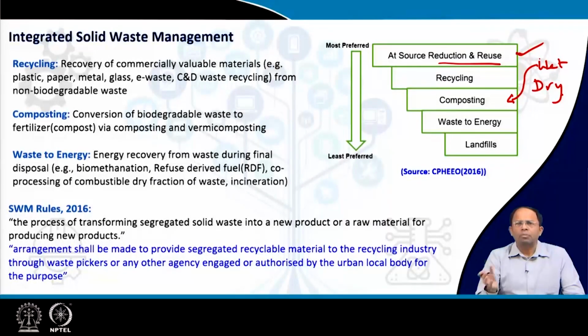So composting and biomethanation both utilize organic waste to generate some products which we can use. Composting generates mostly manure or fertilizer, whereas biomethanation generates CH4 gas, because it's the difference between the processes, the biological process that we employ.